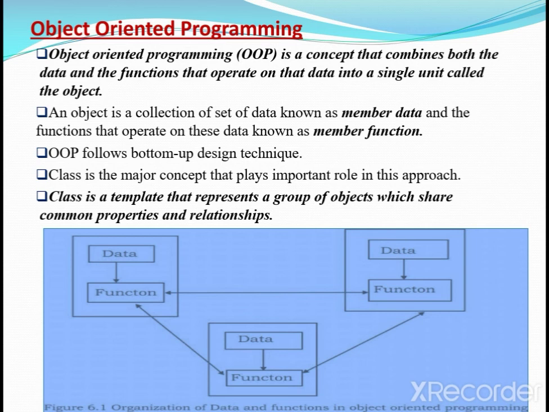Here OOP follows the bottom-up design technique, and here class is the major concept that plays an important role in this approach. It is a concept that combines both the data and functions that operate on that data into a single unit.